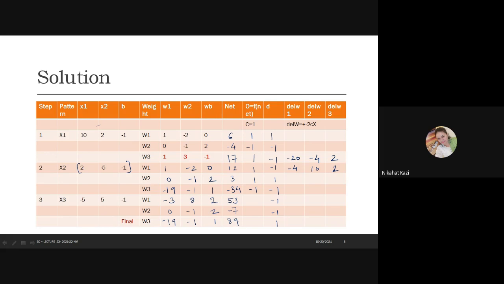So accordingly the output f of net will be 1, minus 1, 1, right.